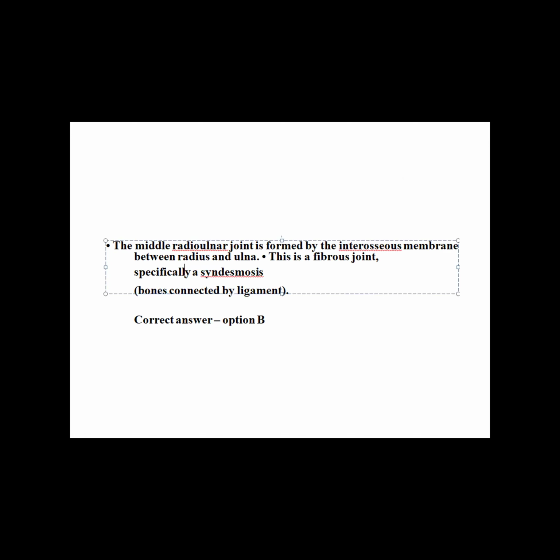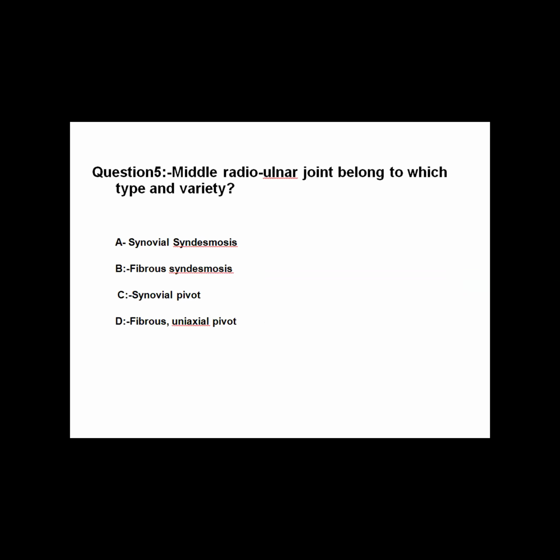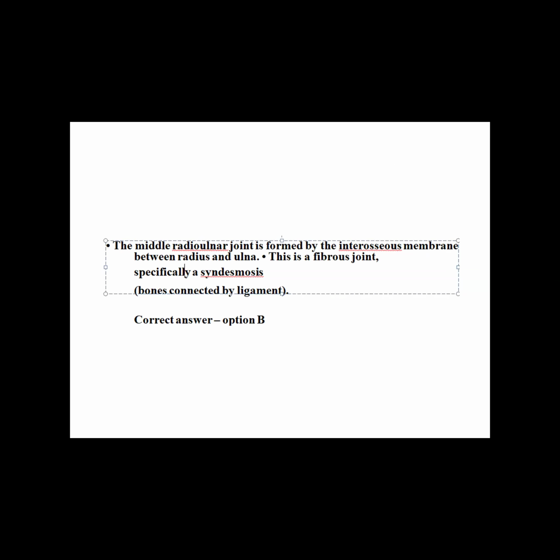Similarly, in the ulna there is a very sharp border to which the interosseous membrane is attached, so we call it the interosseous border too. The joint formed because of this interosseous membrane is fibrous syndesmosis. So the correct answer is option B.